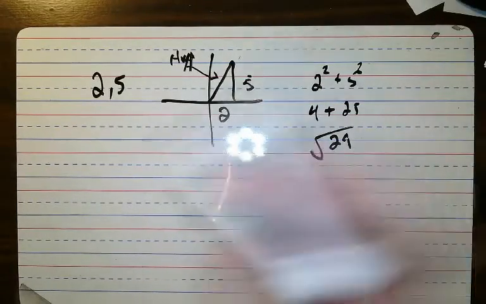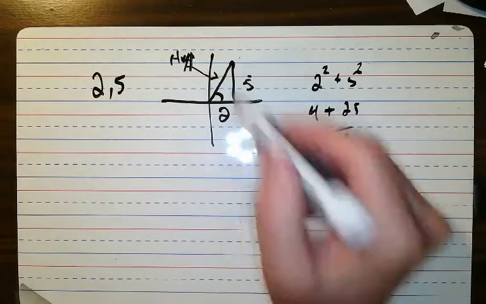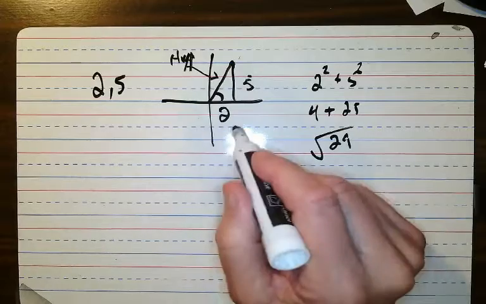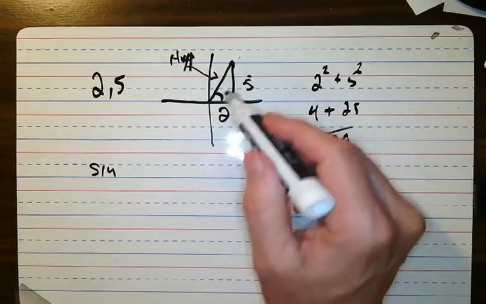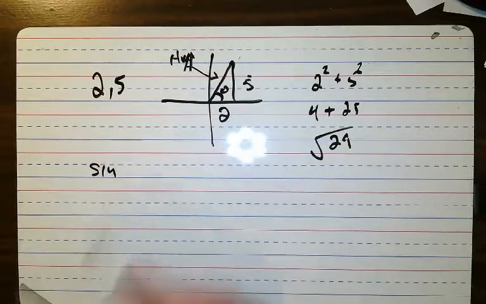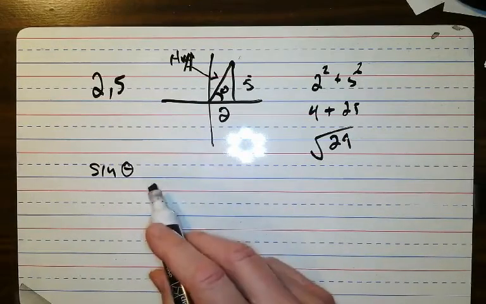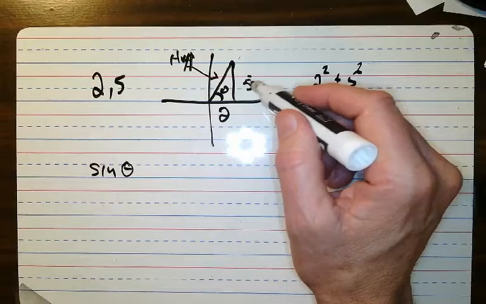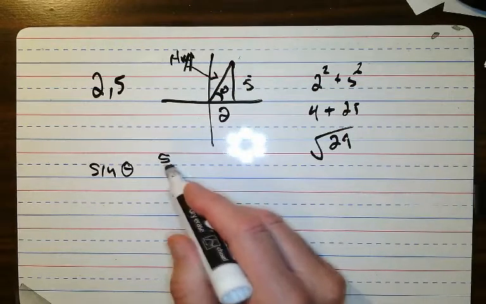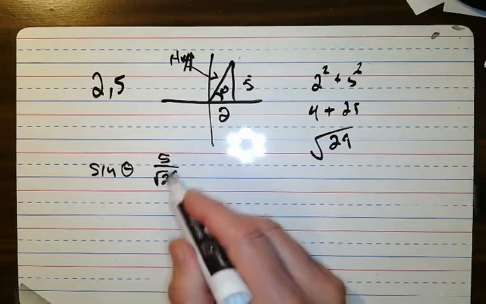So, if I'm talking about this little angle right here, which we'll call theta, what's the sine of theta? Well, the sine is the opposite over the hypotenuse. So that's 5 over the square root of 29.